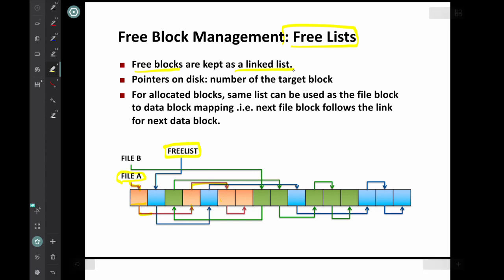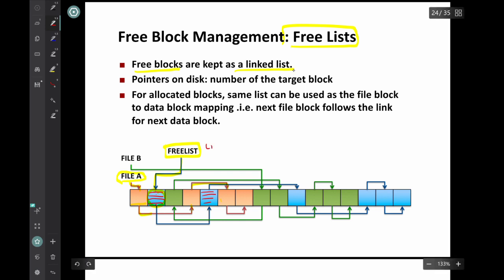In this case, the free list contains data. So this is the first block of the free list, but as data, this first page contains the disk block numbers of free blocks. We use this until it's full, and the last entry would point to the next free page block. So this is the same idea.